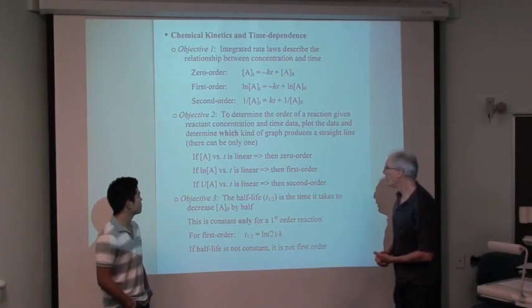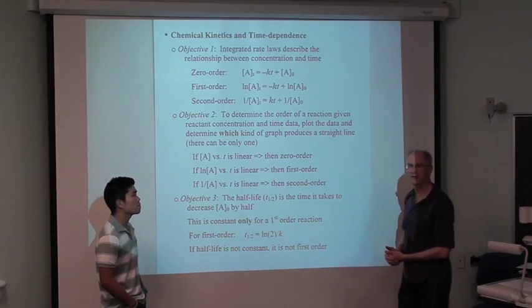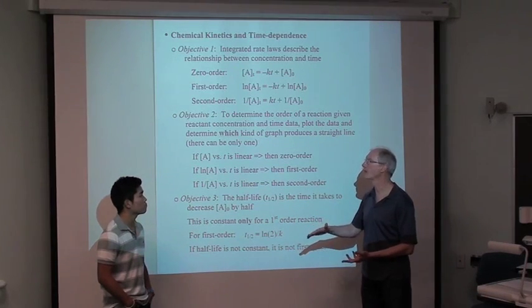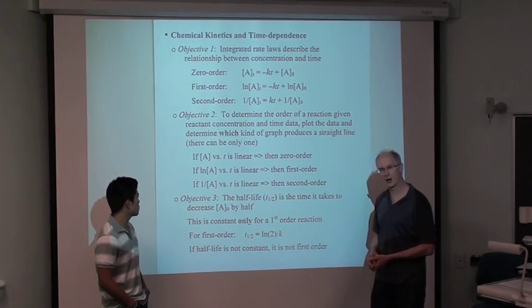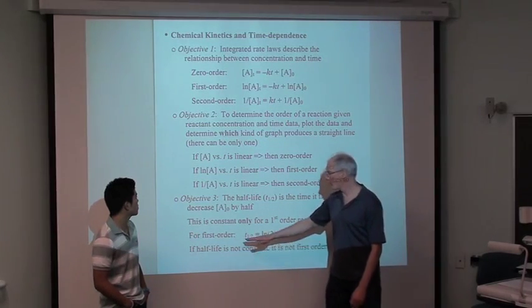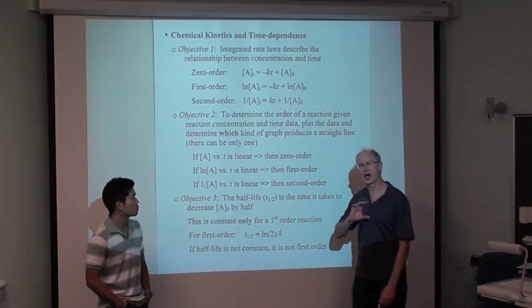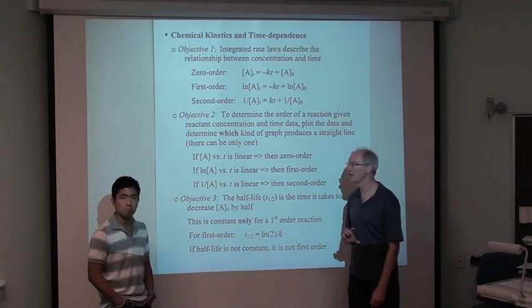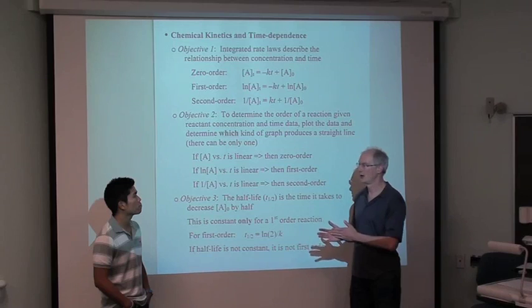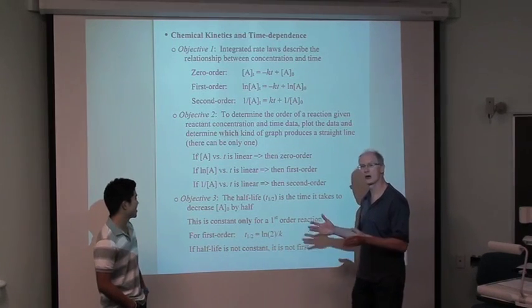Okay? And then the third objective was about half-life. How long does it take the concentration of the reaction to drop in half? What we found by looking at the data was that for a first order reaction, the half-life was constant. For zero order, the half-lives got shorter and shorter, and for second order, they got longer and longer.